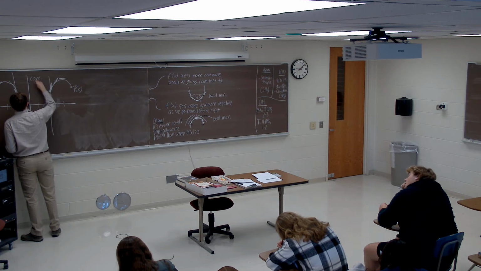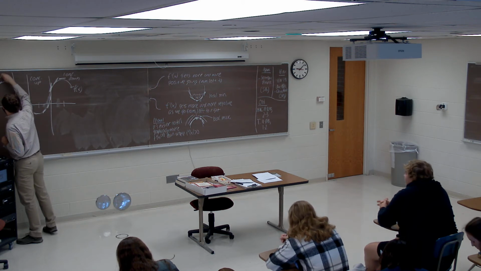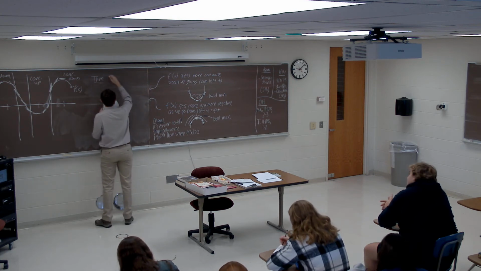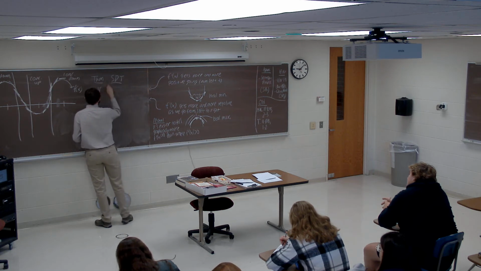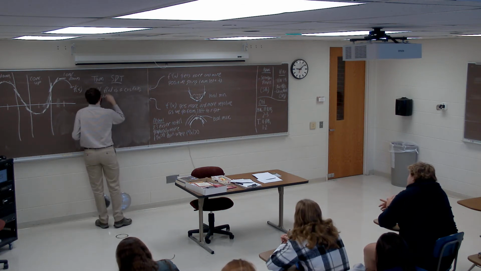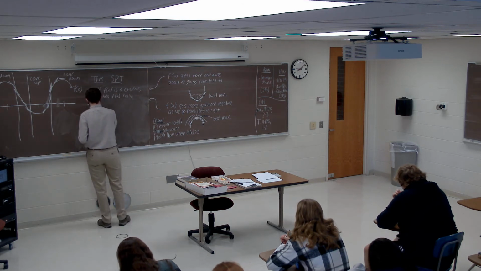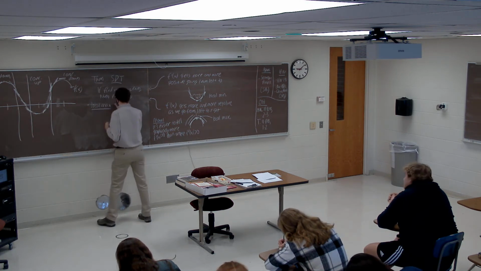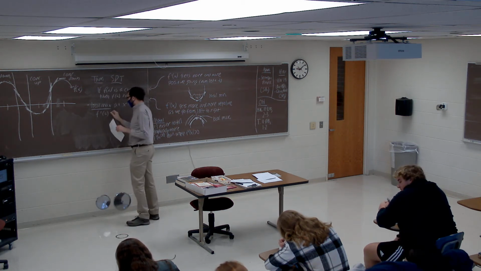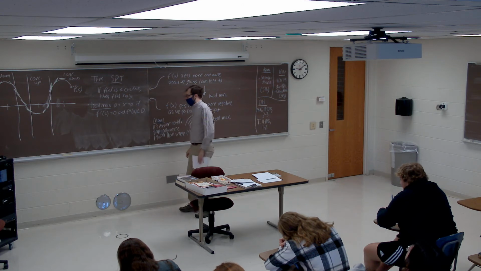So here's where we said concave up. Here's where we said concave down. So the second derivative test says that, similarly to the first, if f of x is continuous everywhere, then we can say that f of x is going to have a local maximum at x equals a if f prime of a is equal to 0 and f double prime of a is negative.